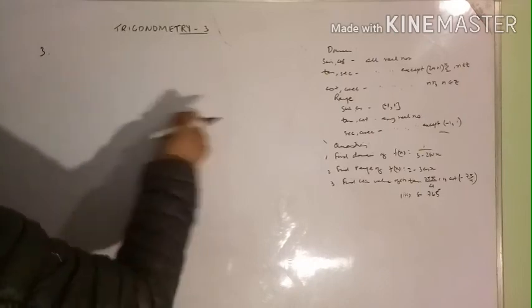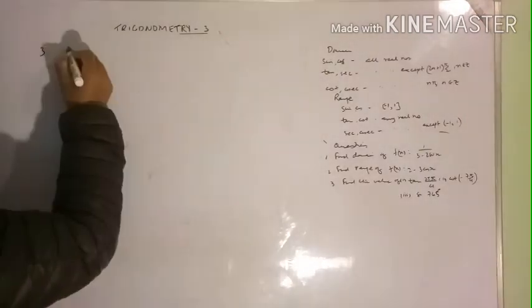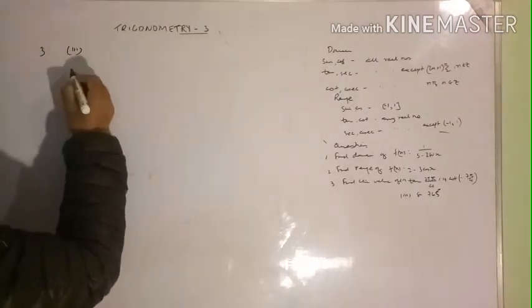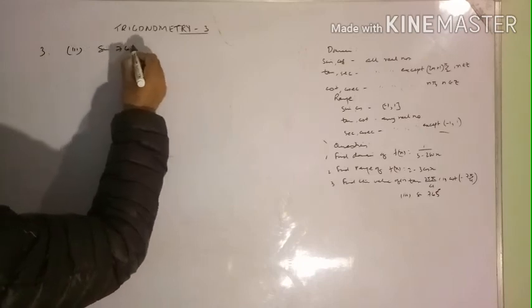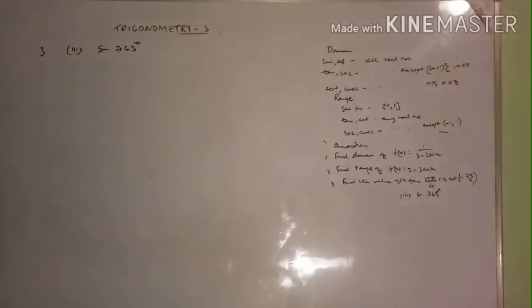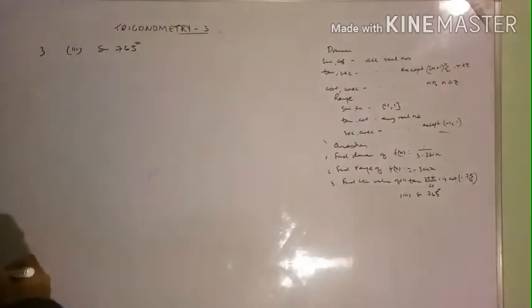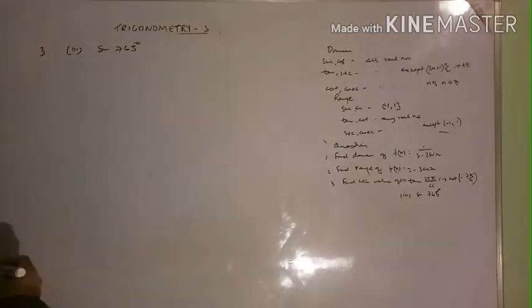Now let's take part 3 where degrees are given. So you have to find the value of sine 765 degrees. Okay, so 765 degrees. So you can write in terms of 2 pi, that is 360.